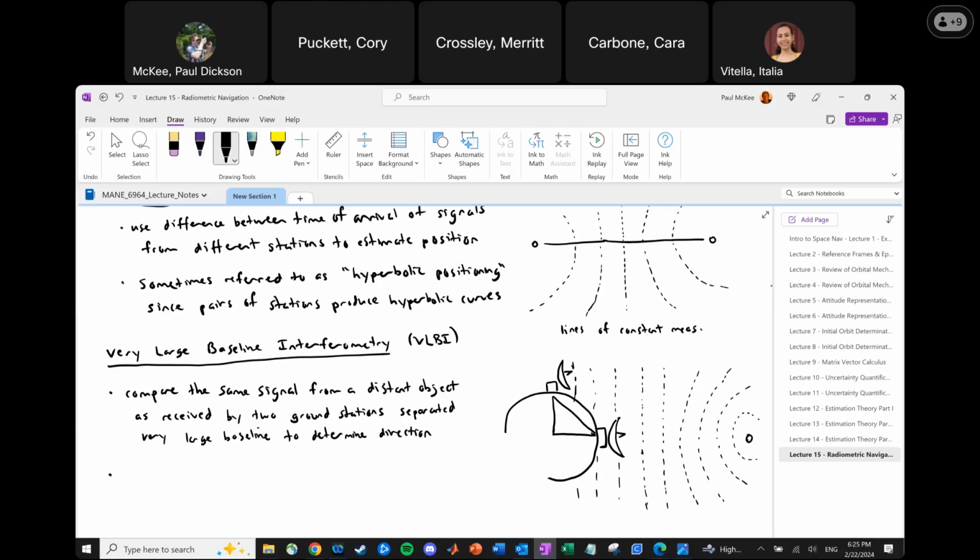So this is typically done with stations separated by a significant fraction of the Earth's circumference.